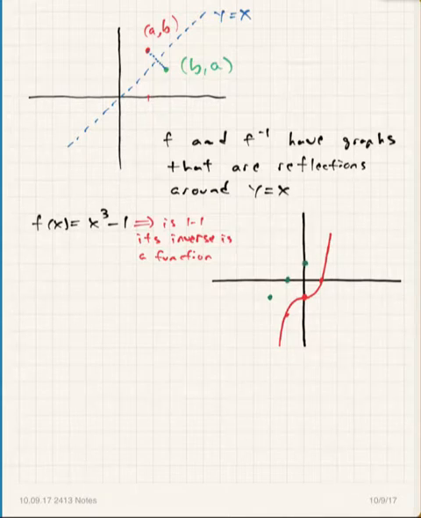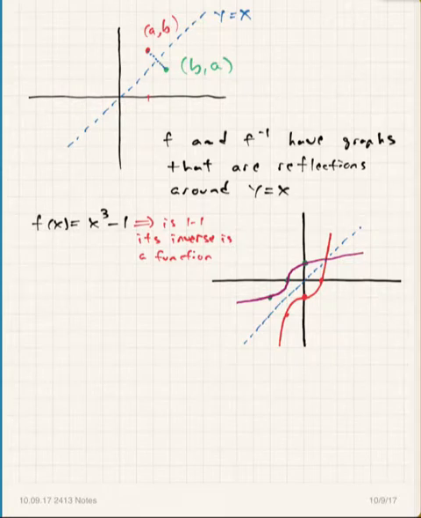And so these points would all be on the inverse graph. We also know that the inverse graph has to be a reflection of the cube graph around the line y equals x, and that would help you make a sketch that looks something like this.